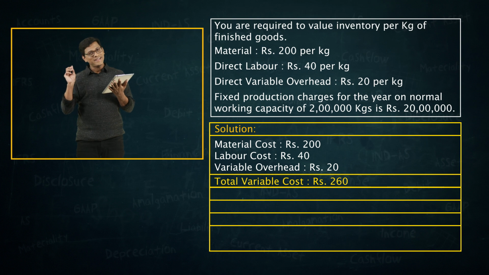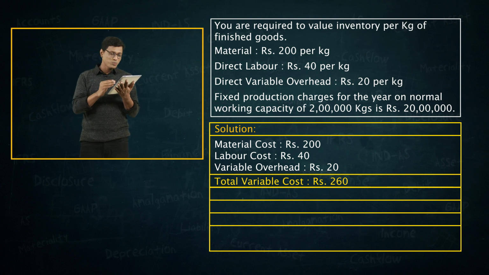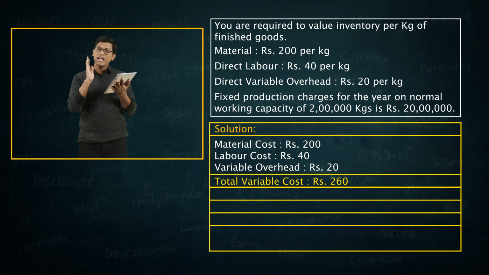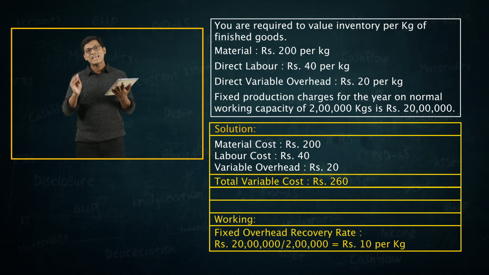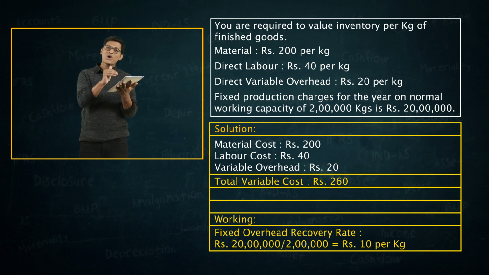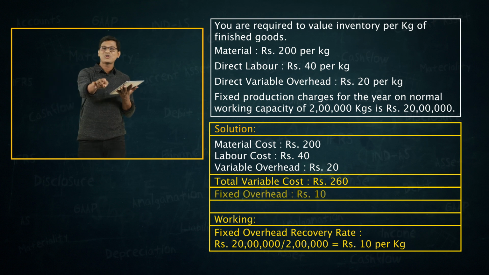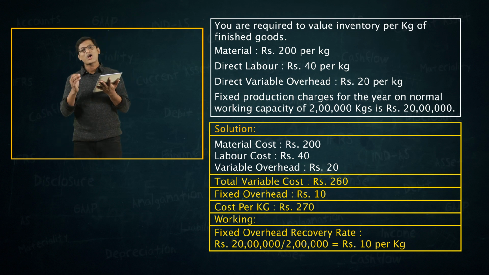So 20 lakh rupees of fixed overhead we have, and we normally expect to produce 2 lakh units. So 20 lakhs by 2 lakhs, 10 rupees is the normal predetermined fixed overhead recovery rate. That's what should go into the cost. So 260 we already ascertained, now add this 10, totally 270 will be the cost per unit.